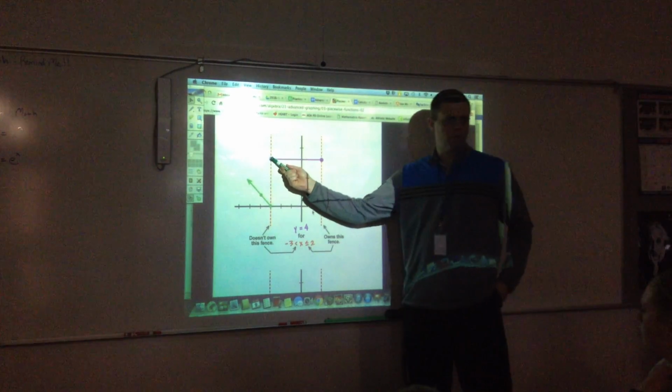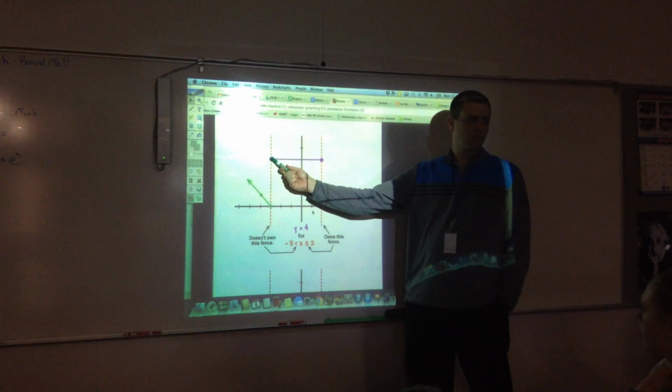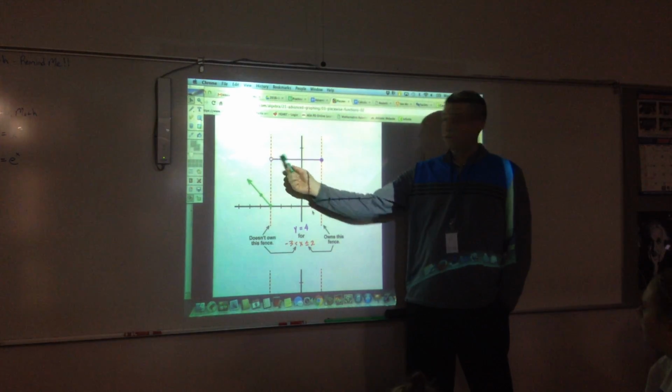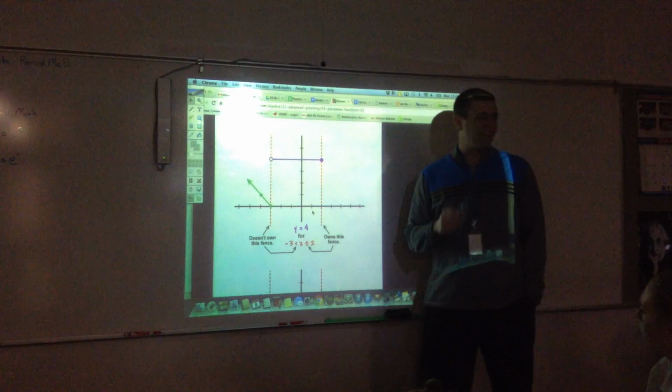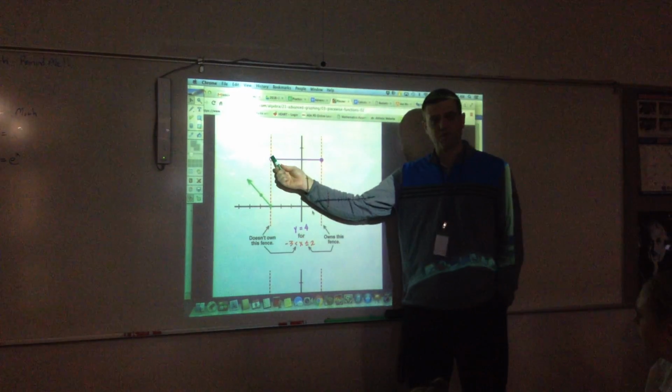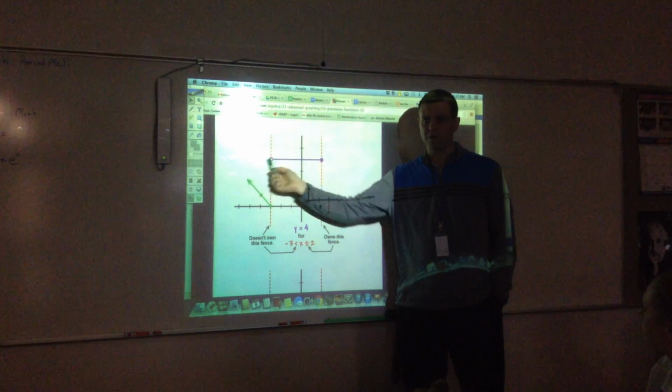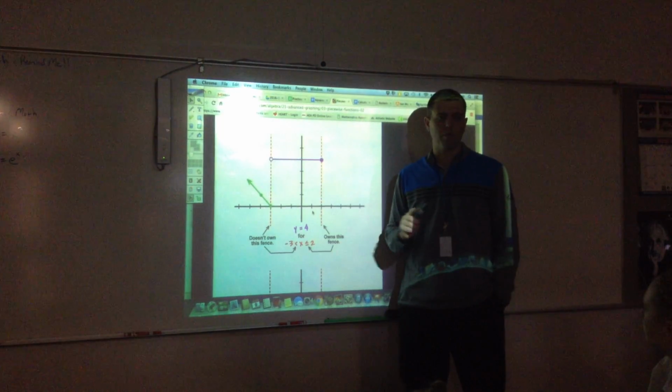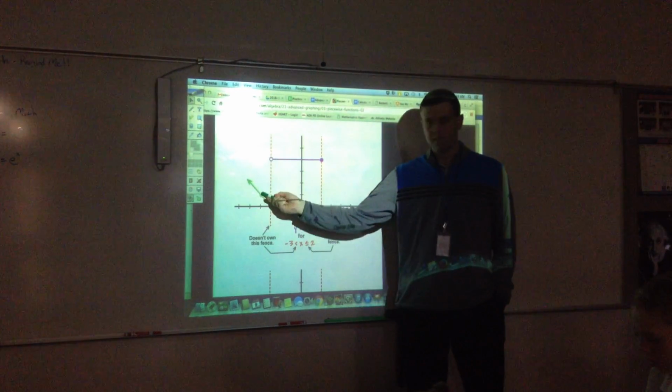Why was there an open circle right here? It can't be negative 3. We only follow this rule for x values that are greater than negative 3. So at negative 3, am I following this rule? Will that be filled in? No, because at negative 3, what rule was I following? The green one.